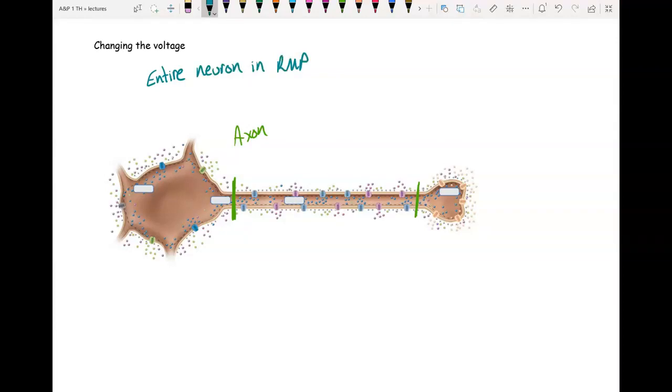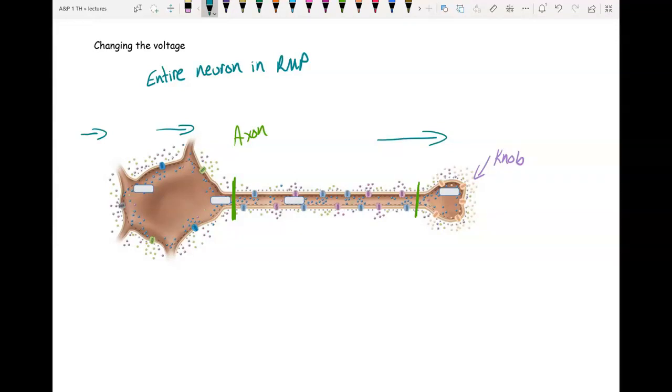Now remember, a signal starts up here at the dendrites and cell body, and it moves through the axon and then down to the telodendria, and then this last part is the synaptic knob. We eventually will learn what happens in each of these parts. But right now we're going to see what happens in the axon.